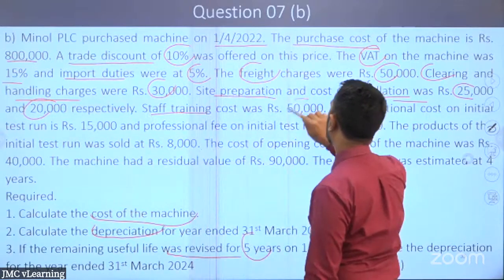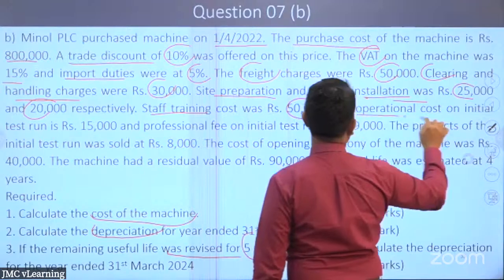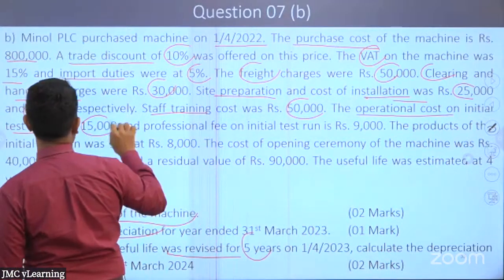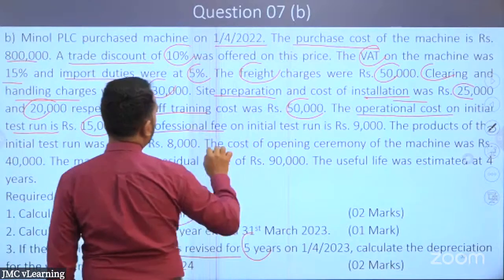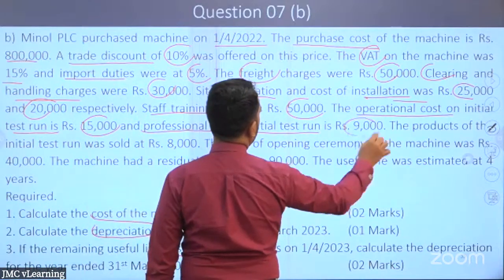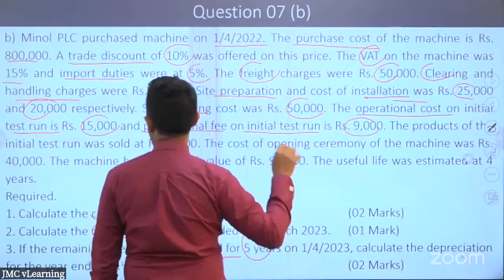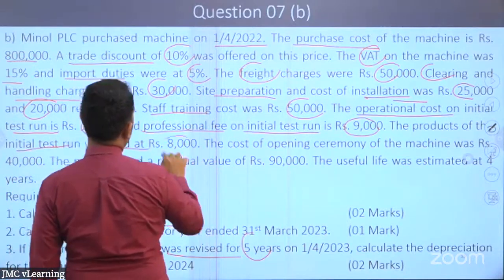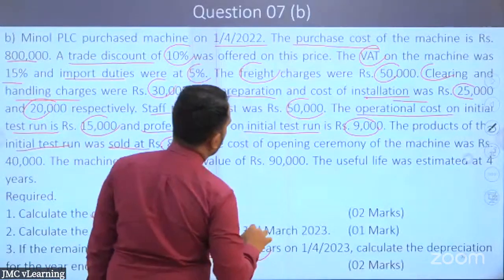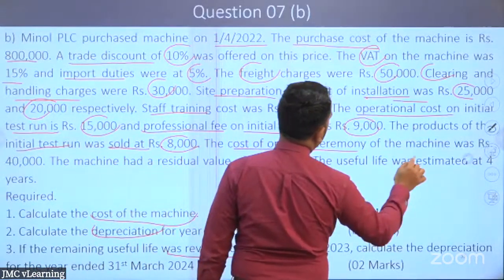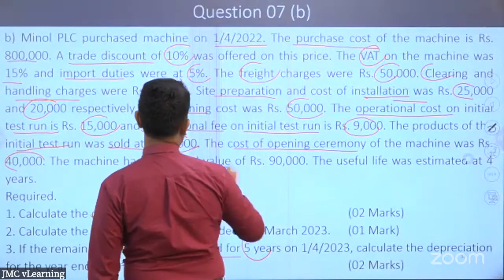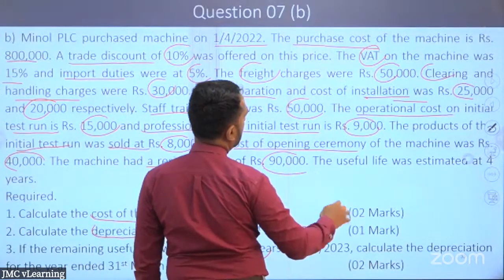Staff training 50. Operational cost of initial test run 15. Professional fee on initial test run 9,000. Products of the initial test run was sold for rupees 8,000. Cost of opening ceremony was 40,000. Machine had a residual value 90,000.